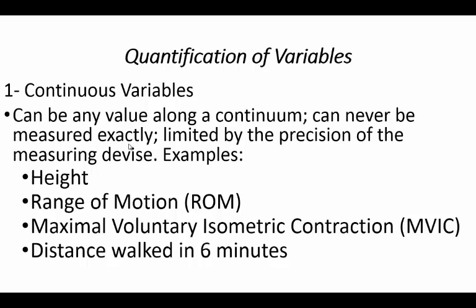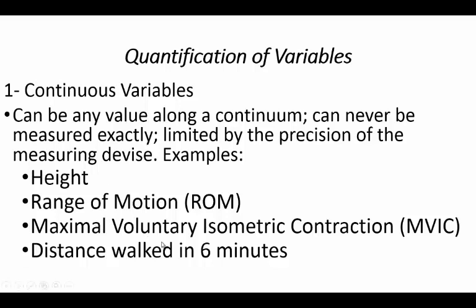Am I measuring with a device that is very precise, or with a device that has a lot of error? By the way, this is a typo on the slide. So for example, height is a variable. Range of motion is another continuous variable.